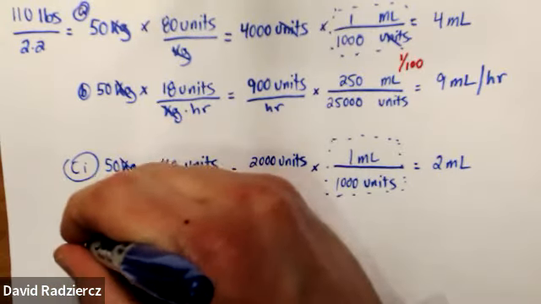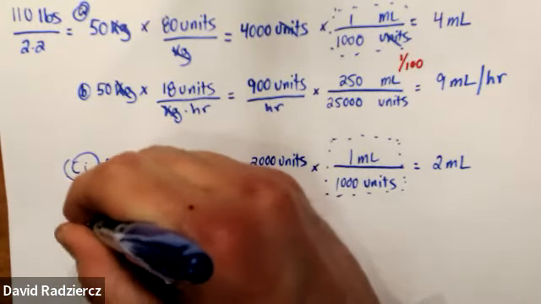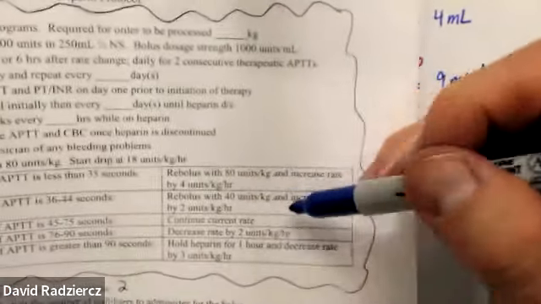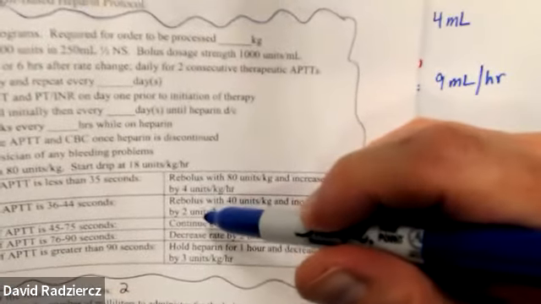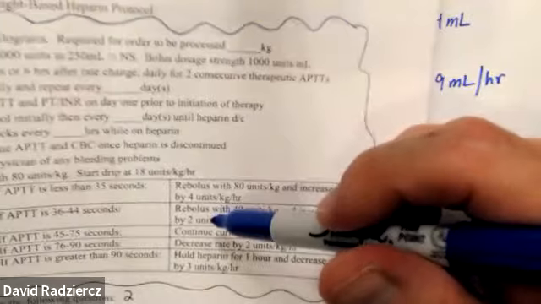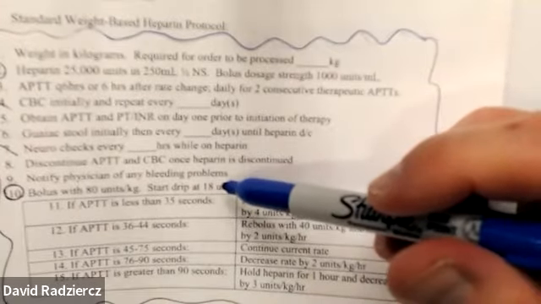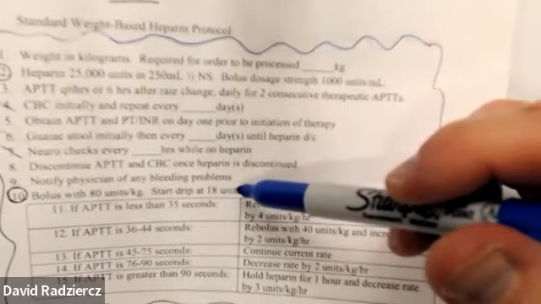See part 2. There's a little bit of a trick to this, because it says we're going to increase the rate by 2 units per kilogram per hour. So when it says to do that, we need to pay attention to what the initial rate was. The initial rate was 18 units per kilogram per hour.